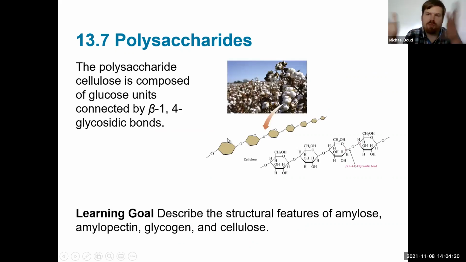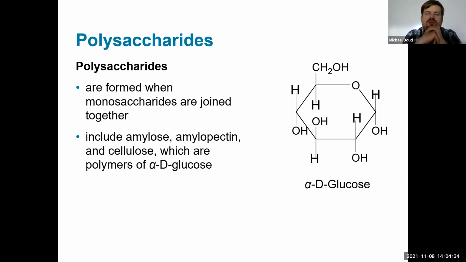Okay, so we have just a very brief section in your chapter on polysaccharides, but we want to make sure we talk about them because they are important, even if there's not that many questions that you're going to see about them necessarily. But polysaccharides are basically just when you take a monosaccharide and you join it together with another, and then you take that one and join it together with the next, and the next, until you get many, many monosaccharides in a long chain.